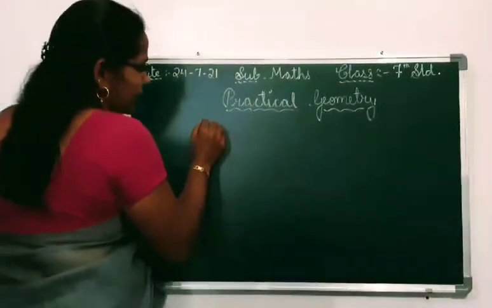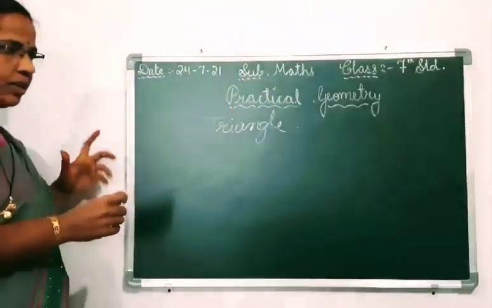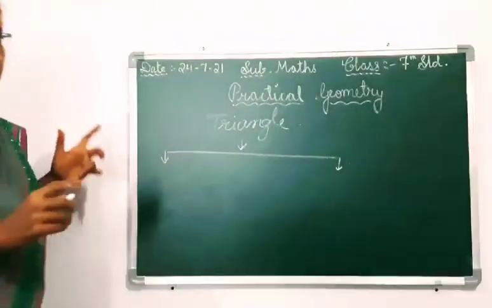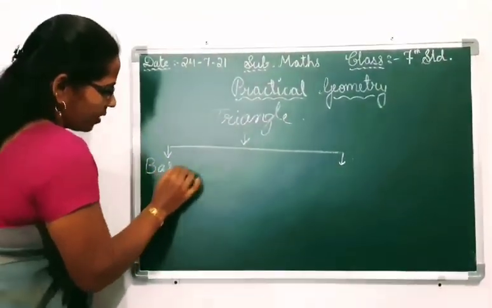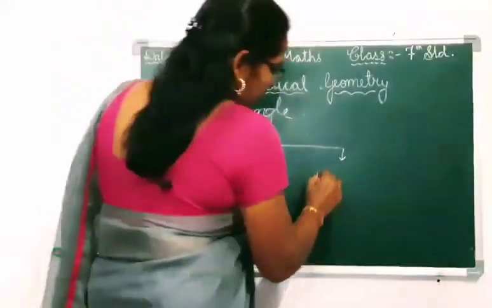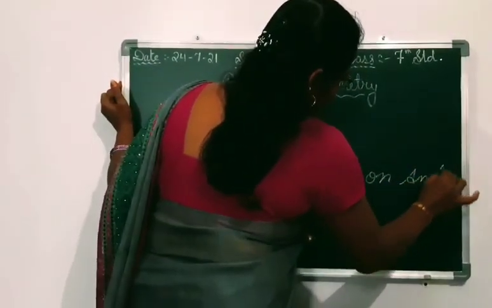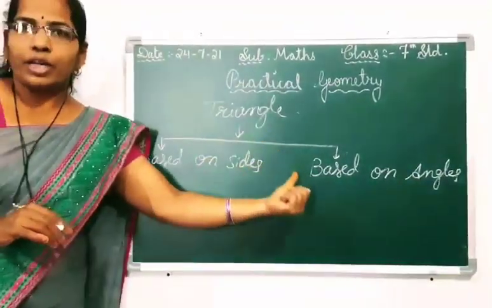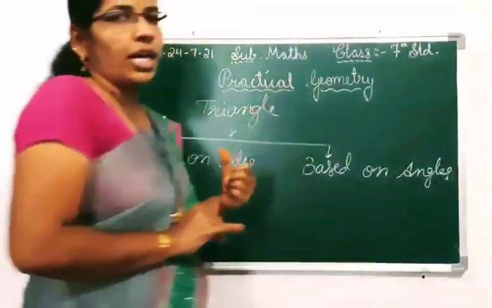Then, see children, triangles are classified into 2 types. Mainly, triangles are classified into 2 types. First one is based on sides, and second one is based on angles.